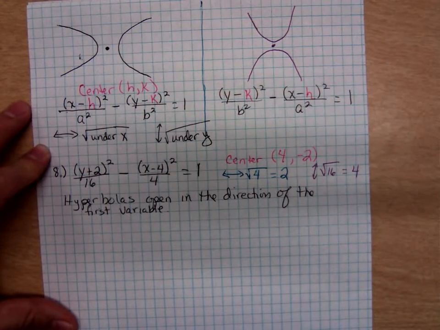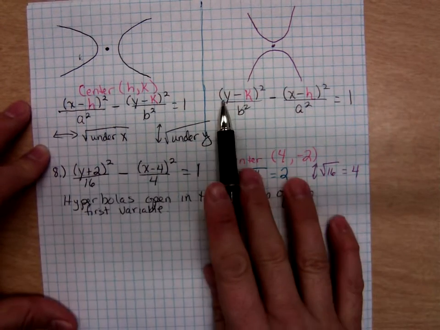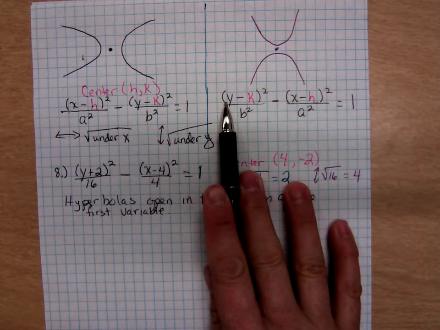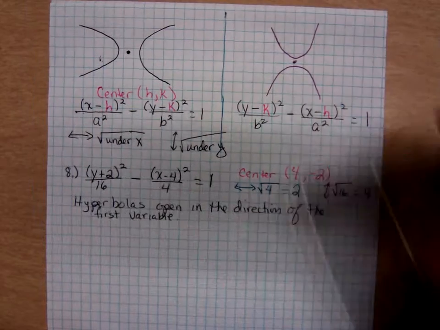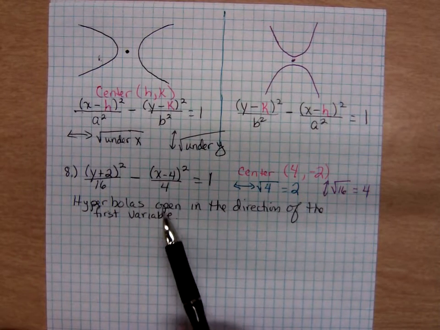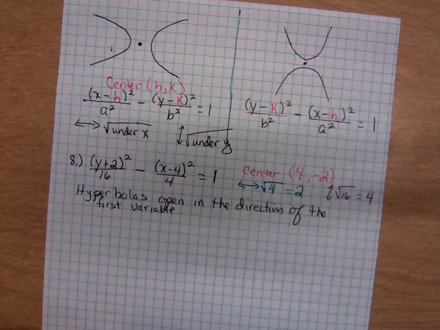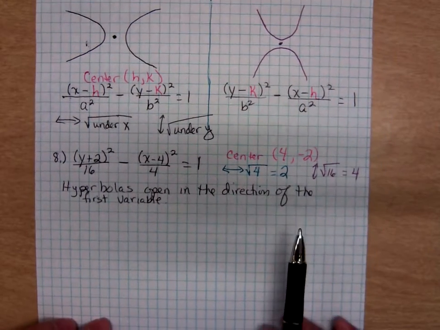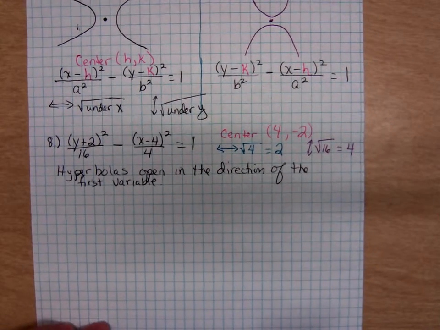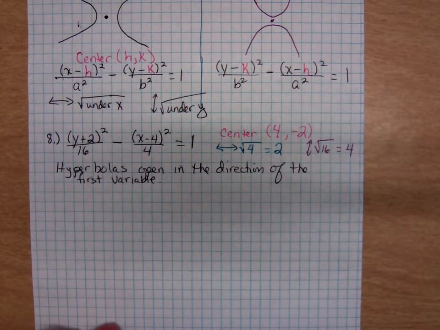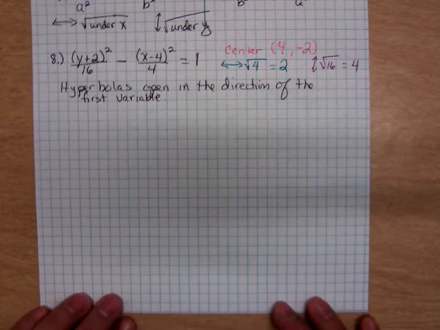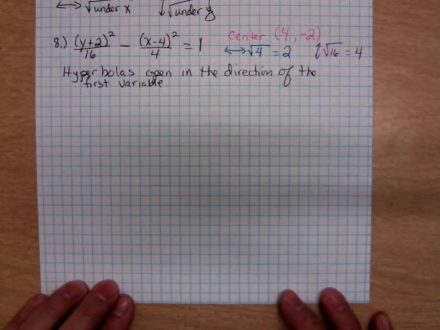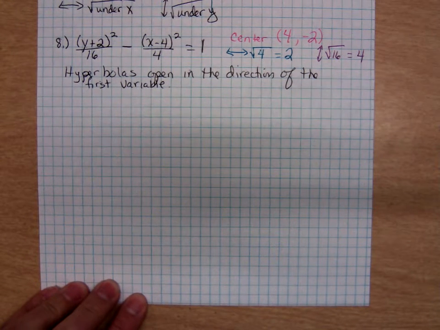If the first variable is y, you think of the y-axis as up and down, and the hyperbola is opening up and down. Becky Medley said that years ago, and I remember that: hyperbolas open in the direction of the first variable. Now, to draw the rest of this, I'm going to draw my xy axis.